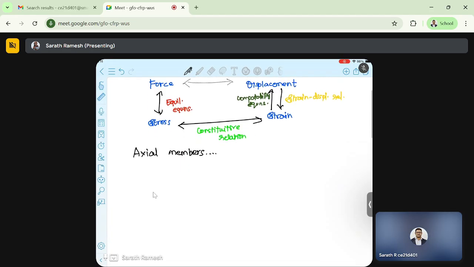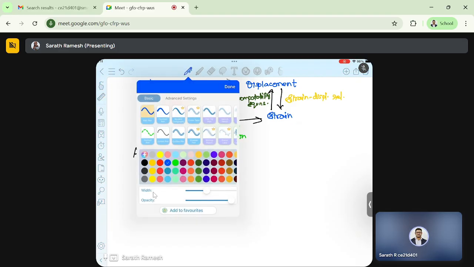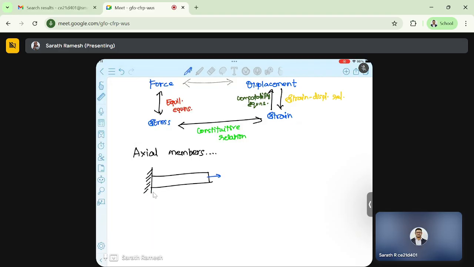Fine. So suppose we have a bar subjected to a force, some P. Now using these concepts that we have studied, how to relate the force and the displacement? The bar is now elongated by delta. So this displacement we call delta. Now how to relate?